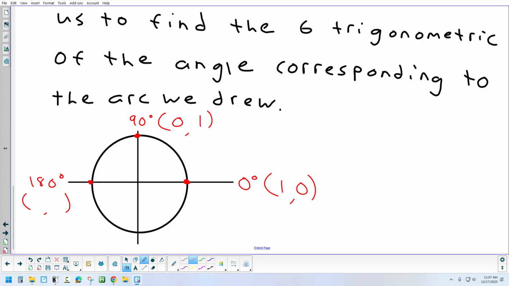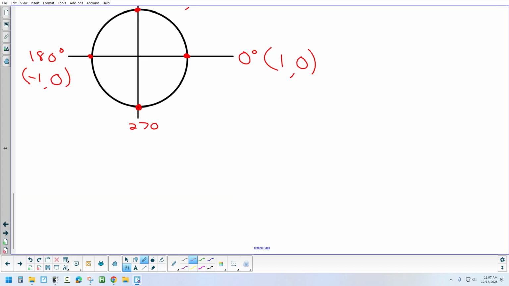And you think you could give me the coordinate for 180? Negative 1, 0. And what would be the coordinate where the initial side goes to the right and the terminal side goes straight down? Like 270? That's 270. Good. And what's the coordinate for 270? That'd be 0, -1.